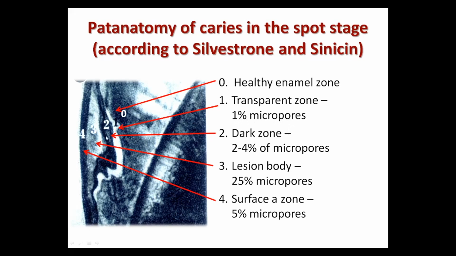Next zone, number 2, is dark zone, and it has from 2 to 4% of micropores. Third zone, zone number 3, is lesion body, and it has 25% of micropores. And the superficial zone, zone number 4, is surface zone, with 5% of micropores.